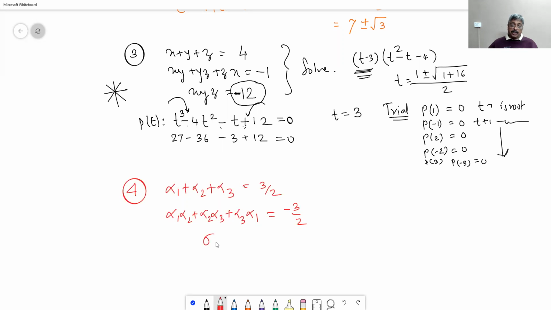And sigma 3, which is alpha 1 alpha 2 alpha 3, is equal to minus 1.